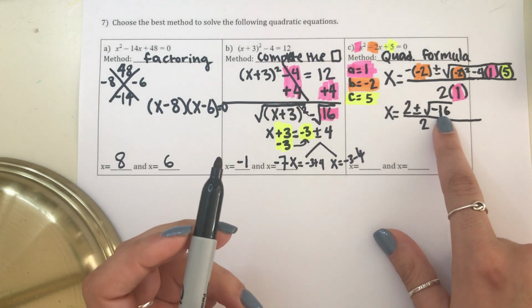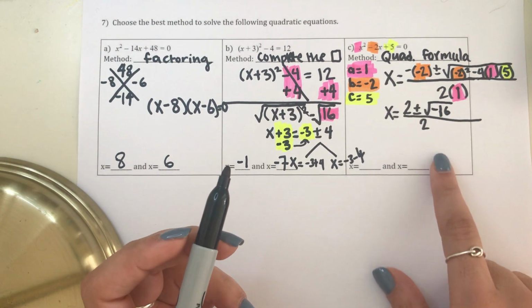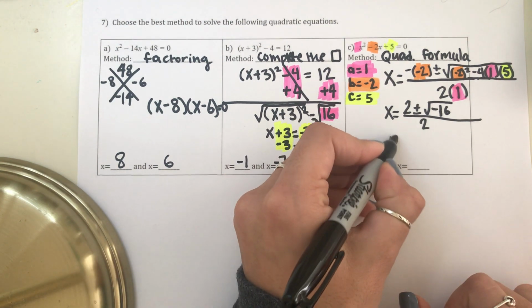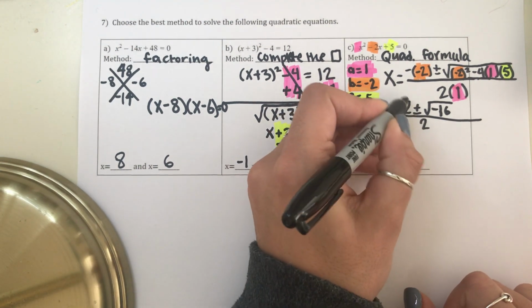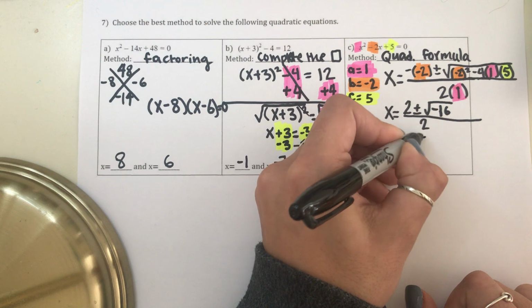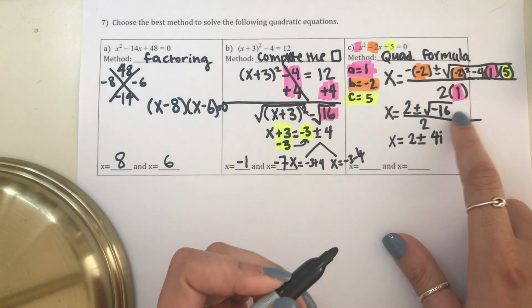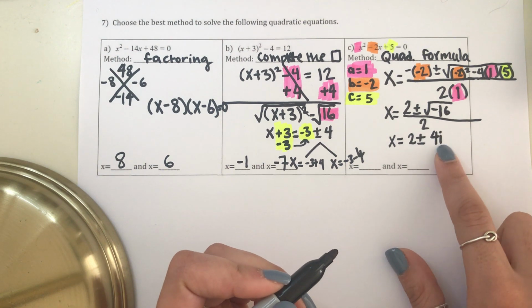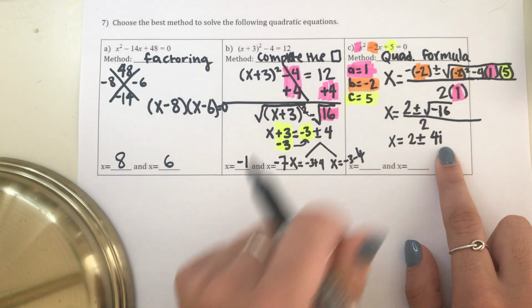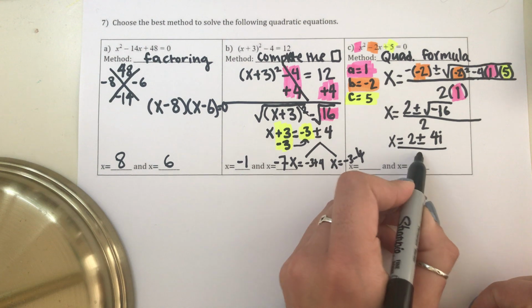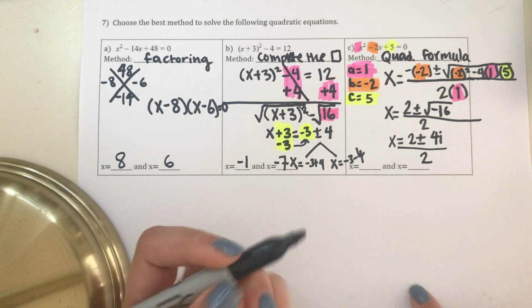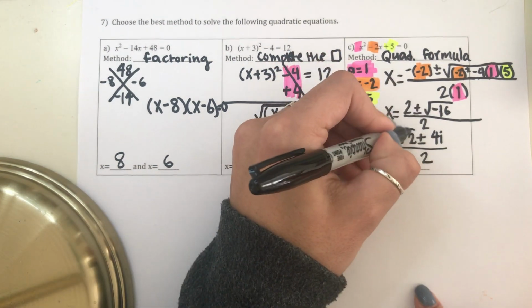Now, the square root of a negative number is going to be imaginary, so I will write x equals 2 plus or minus 4i. So I write what the square root of 16 is, but I put an i at the end because it's negative 16 over 2. And I'm kind of running out of space because I'm using this Sharpie.